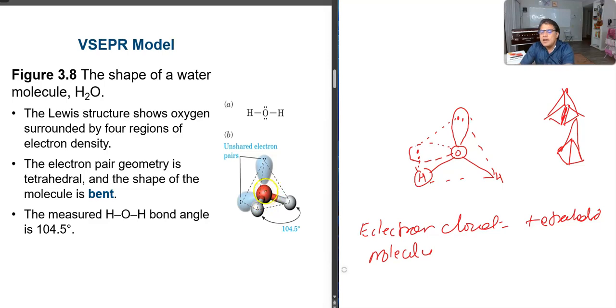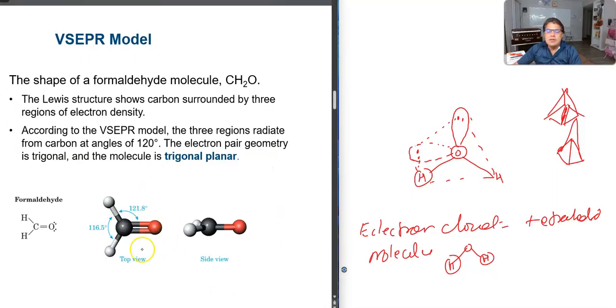Electrons are actually inside this oxygen. The molecule is made up of two hydrogen and one oxygen. Excluding these electron clouds, what does the molecule look like? Bent, just bent, angular. This is just the angle, right? That's why water is interesting. Water's electron cloud has a tetrahedral geometry, but its shape is bent, angular. So this is another example.